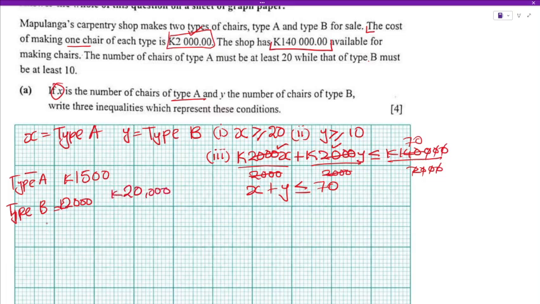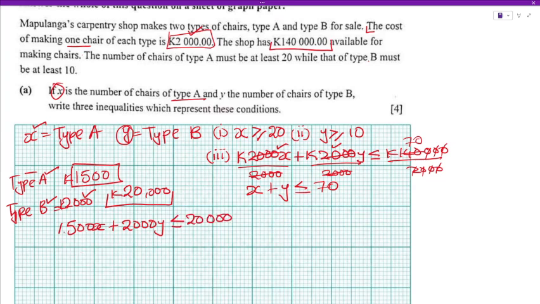Then what you would have said is type A is represented by x, so you attach this amount to type A. You are going to say 1500x plus, and type B is represented by y, so the amount for type B you attach to y, 2000y. This is how much is available to be spent, not more than that, so that's going to be less than or equal to 20,000, and then you start simplifying.